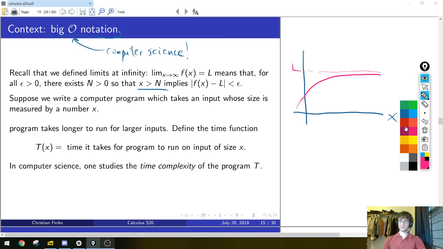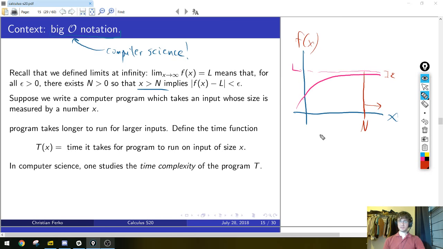So if you want to make the function within, say, some epsilon of that limit, you just need to make sure x is bigger than n. So whenever you get bigger than n, you're going to be close to L. That was the definition of limits at infinity we used.